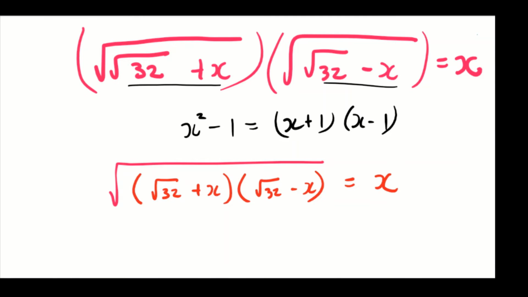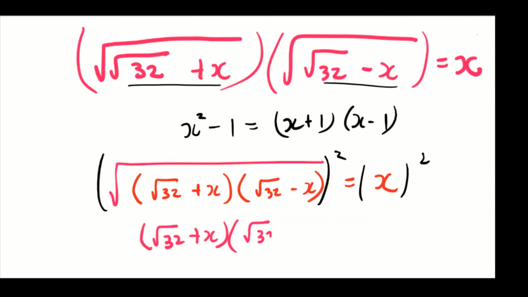So we're just going to square both sides, so we square this side and square this side, and then we'll remain with the root of 32 plus x times the root of 32 minus x being equal to x squared, right?